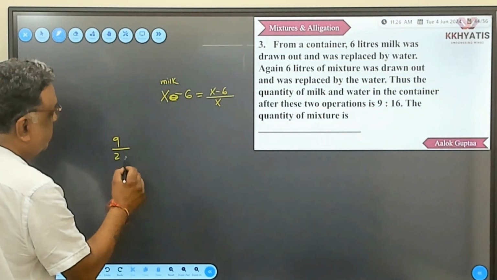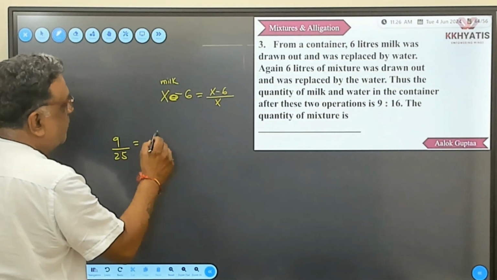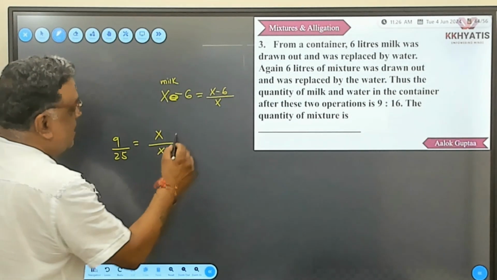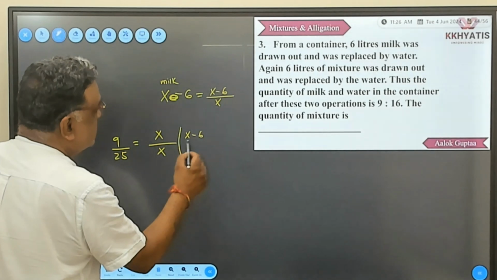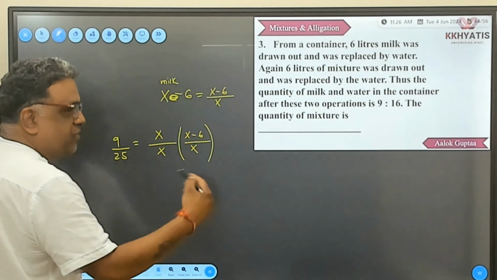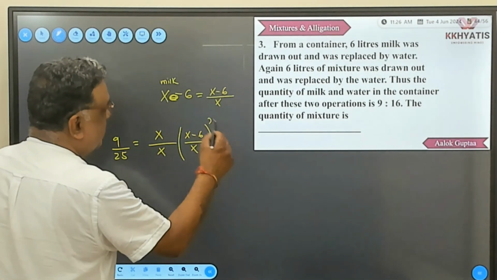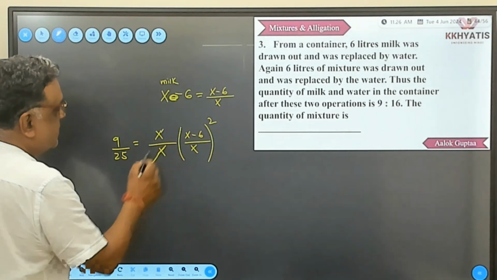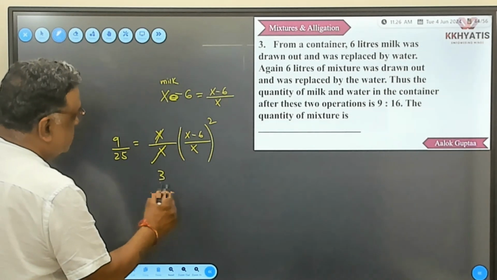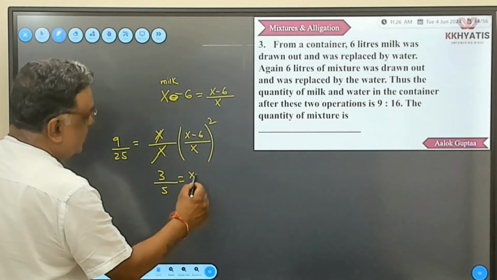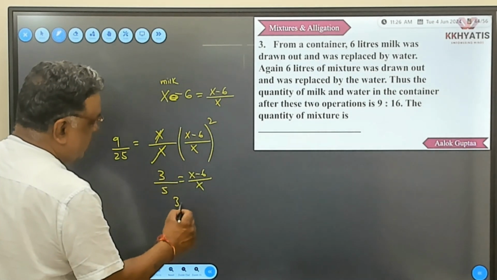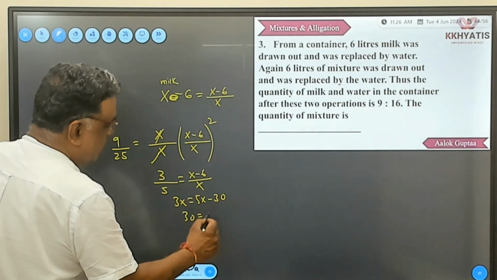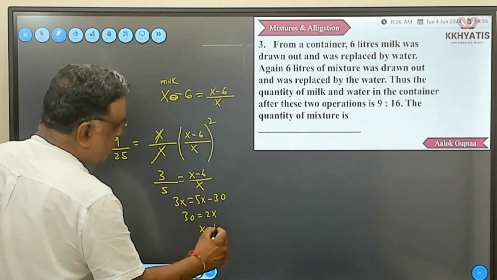So 9 upon 25 is the final over total; initial quantity of milk was X upon initial total quantity also X, into the fraction left, which is X minus 6 upon X. And since this operation is performed 2 times, I will do the square. This will get cancelled. If I take the square root on both sides, this will be 3 by 5 is X minus 6 upon X. So 3X is 5X minus 30. So 30 is 2X. So X is 15 liters.